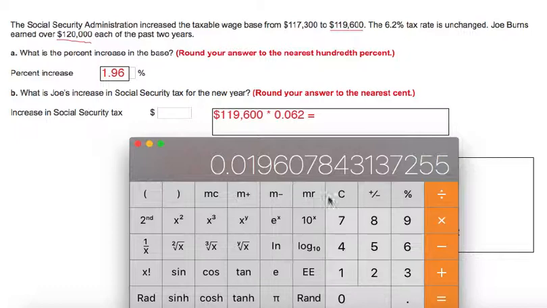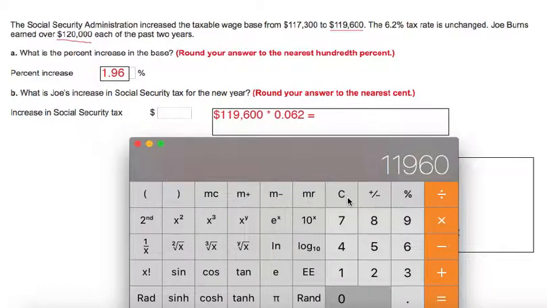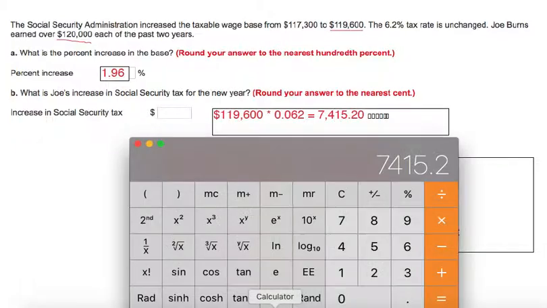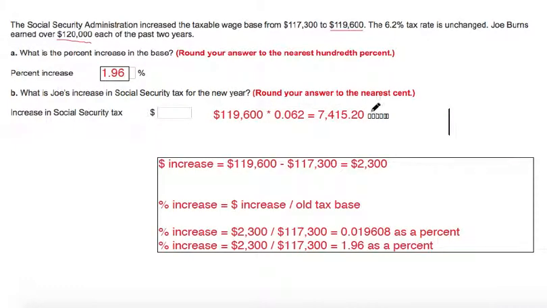So when we multiply these two, 119,600 times 0.062, I keep forgetting, I can't copy and paste here. $7,415.20. That's Joe's tax burden for Social Security. Joe's got other taxes he's going to have to deal with here too, but that's just Social Security, what Joe has to pay. Okay, so that's question 5.